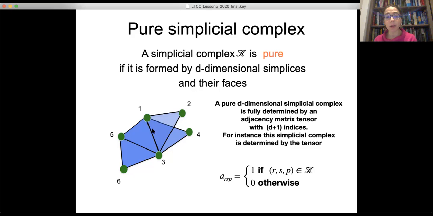For instance, here you just have a simplicial complex formed by triangles and their faces, and this is characterized by an adjacency tensor which has 3 indices, indicating if r, s, and p form a triangle or not, and if this triangle belongs to the simplicial complex.